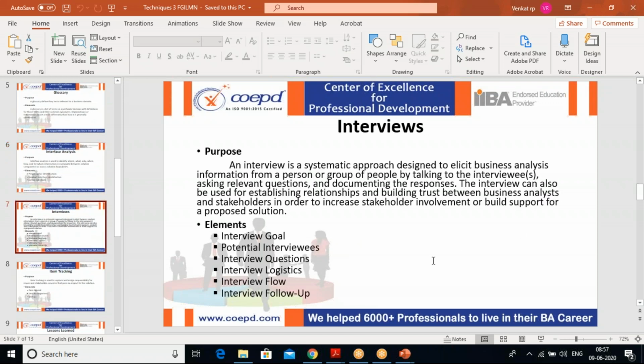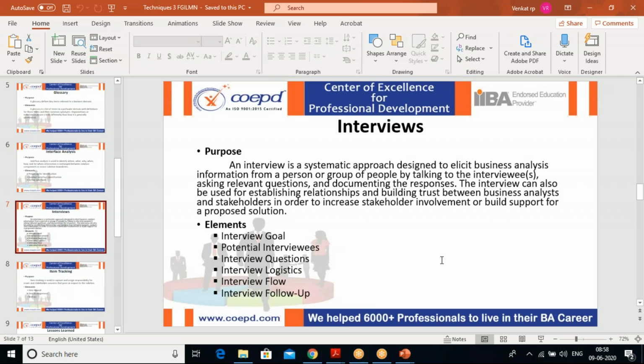And then we have interviews. When we are getting information from the stakeholders, there may be some conflict within that information, so we have to resolve that conflict. For resolving it, we conduct an interview with the responsible stakeholders.